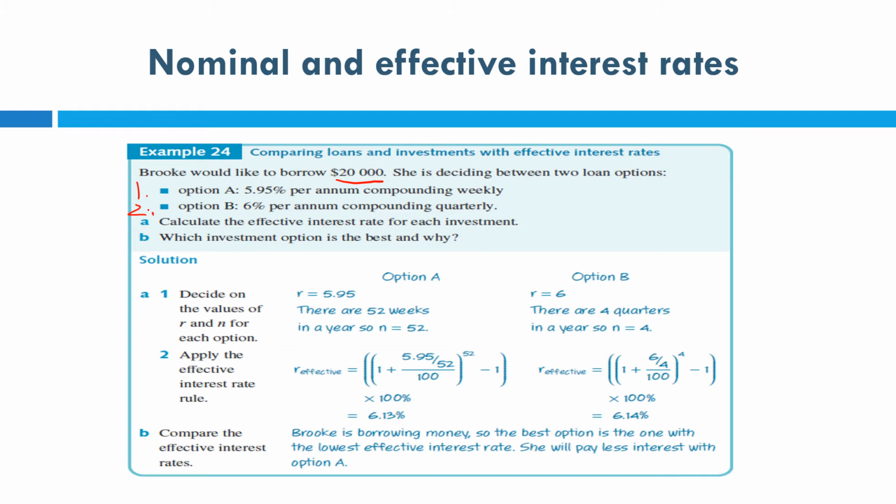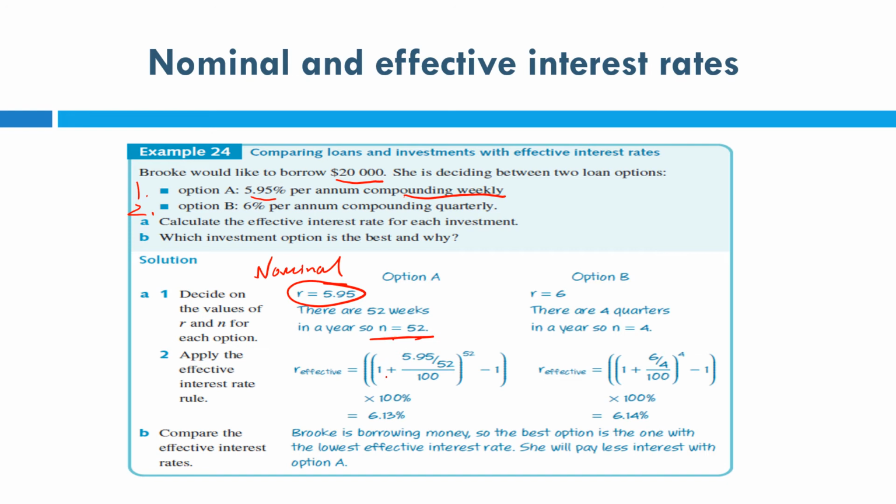So in option A, first of all, we have to write down what our nominal rate of interest is. In this case, it's 5.95. Then we have to look at the fact that it's compounding weekly. So in that case, N must be equal to 52. Then we can put that information into our formula for effective rate.